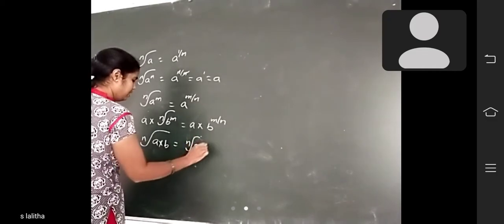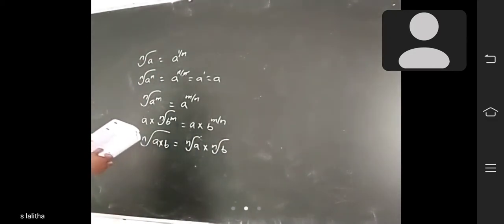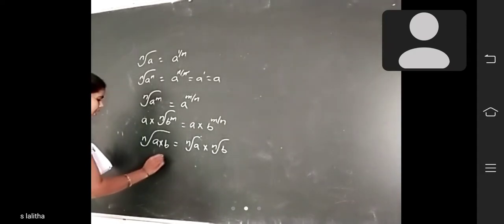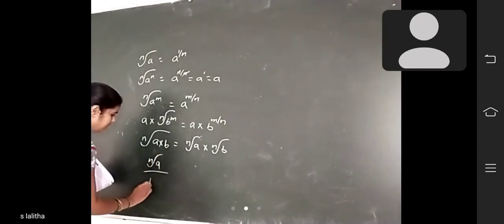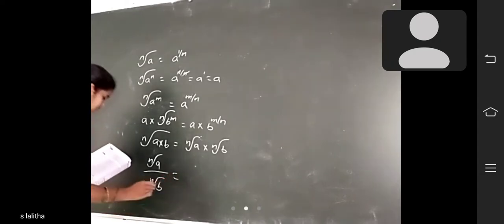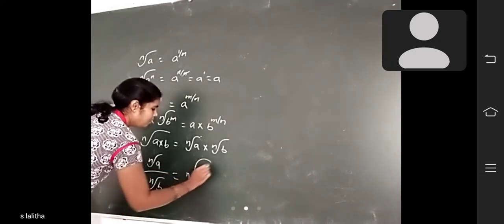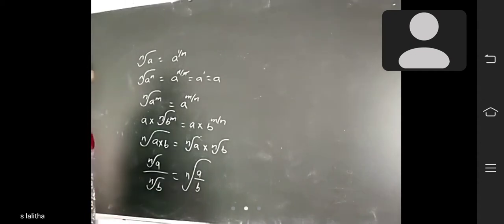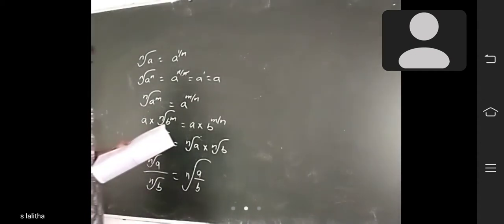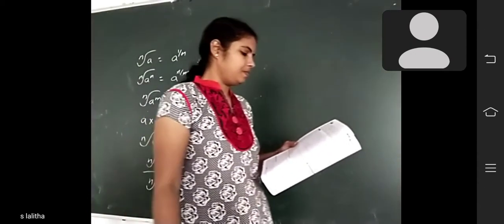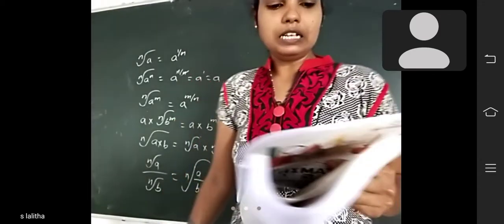Nth root of a into nth root of b. Next, nth root of a by nth root of b equals, how can you write? Nth root of a by b. So these are all the formulas. Now see the examples also for this one.